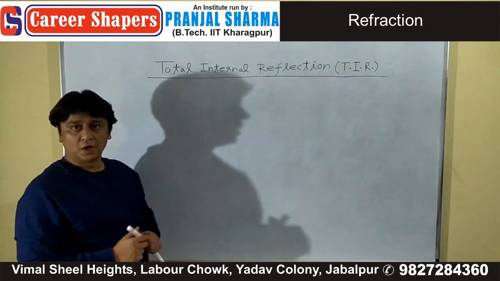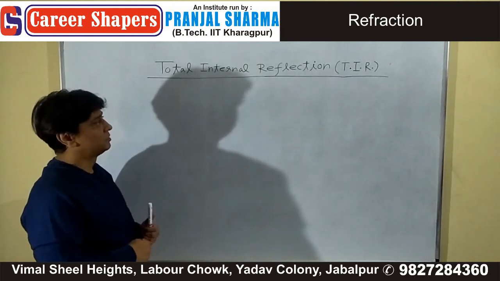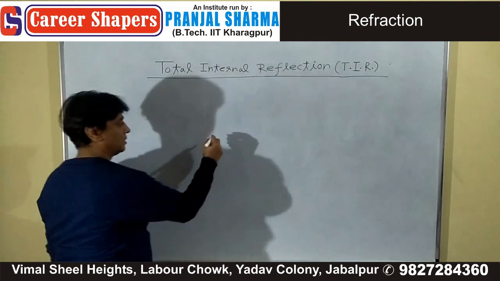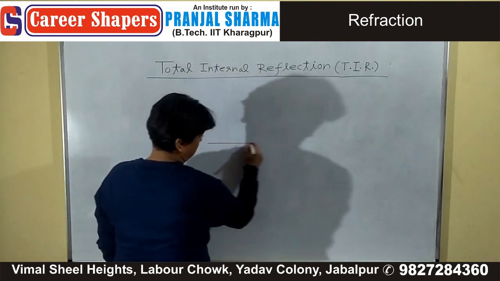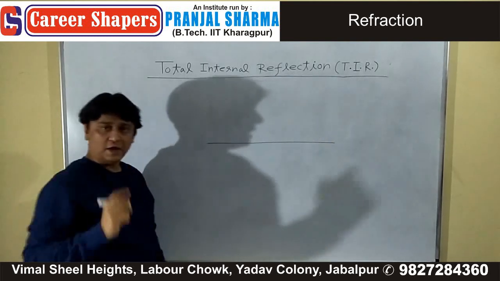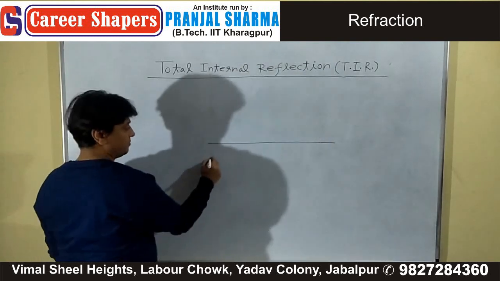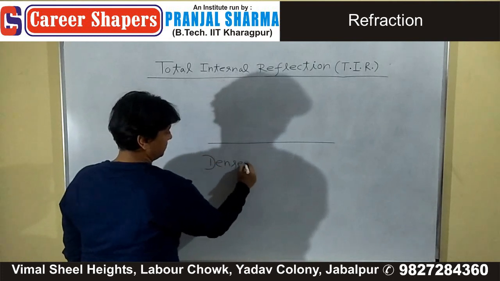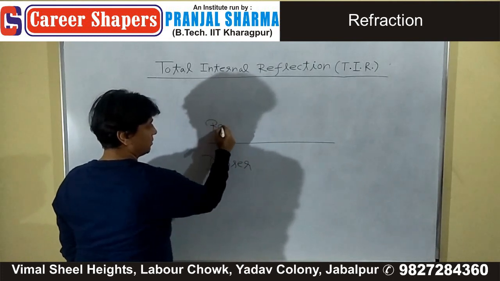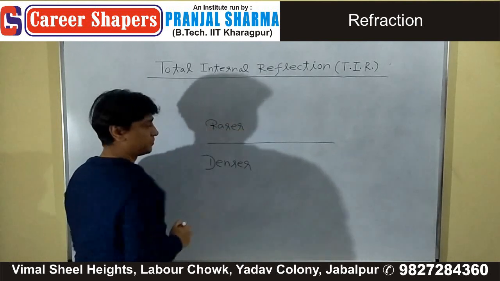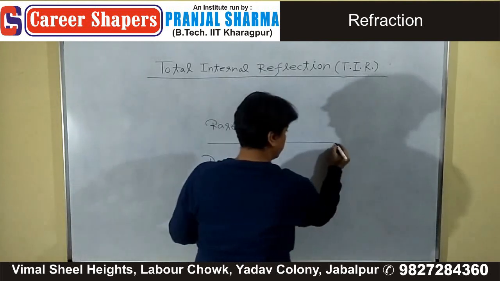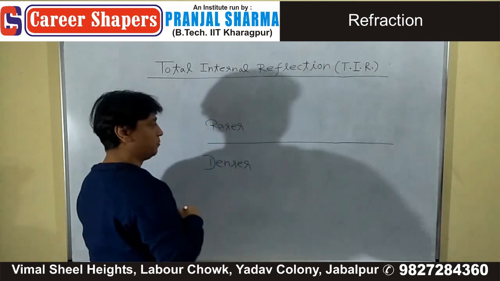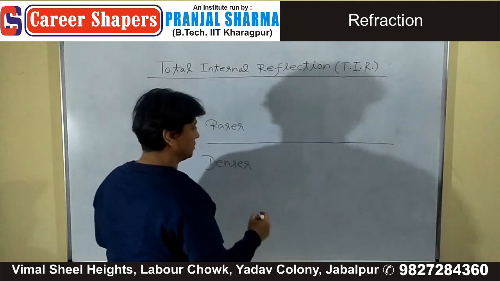Now let's see total internal reflection, TIR. We know that if light moves from a denser medium into a rarer medium, it moves away from the normal.